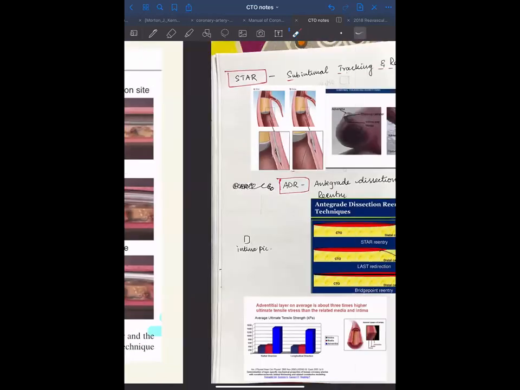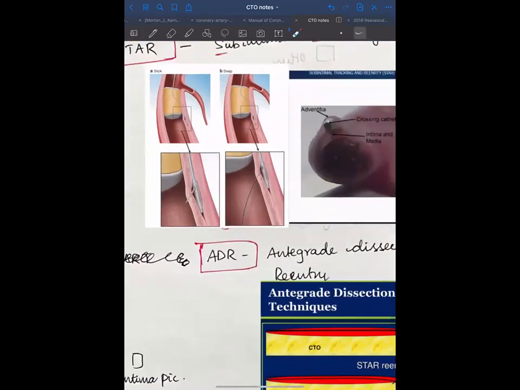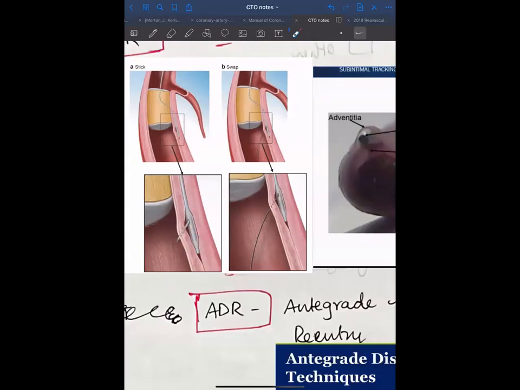And this is called stick and swap. What is important of this? Here we start with the center within the lesion CTO, then come into the subintimal space, and to re-enter into the distal lumen, we use the Stingray catheter.